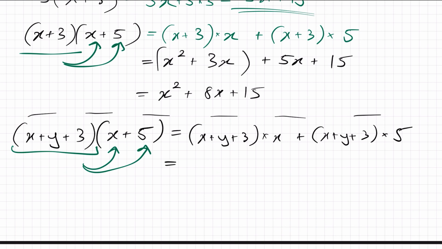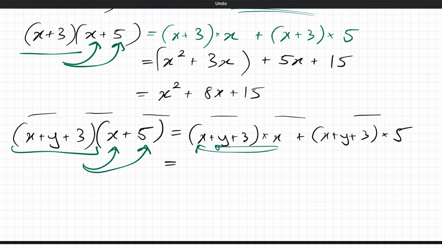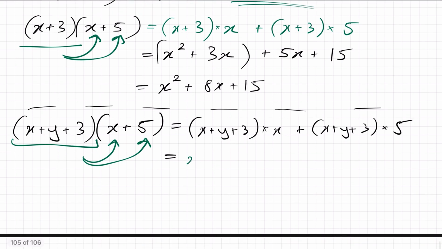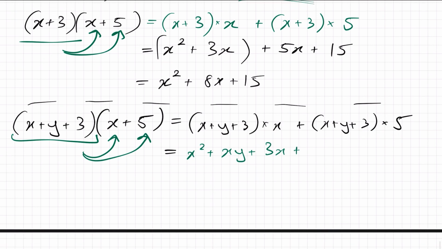And then from here, we can use the same sort of techniques and just multiply this outside one by all of the inner ones to get x squared plus xy plus 3x, and same sort of ideas here, plus 5x plus 5y plus 15. Then finally, let's just combine everything together.